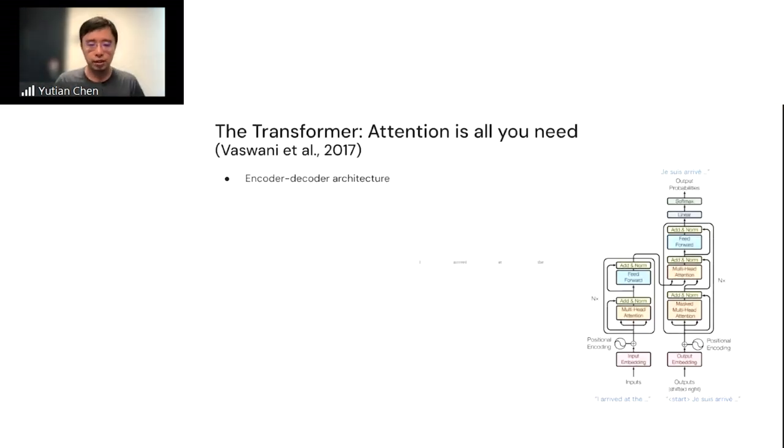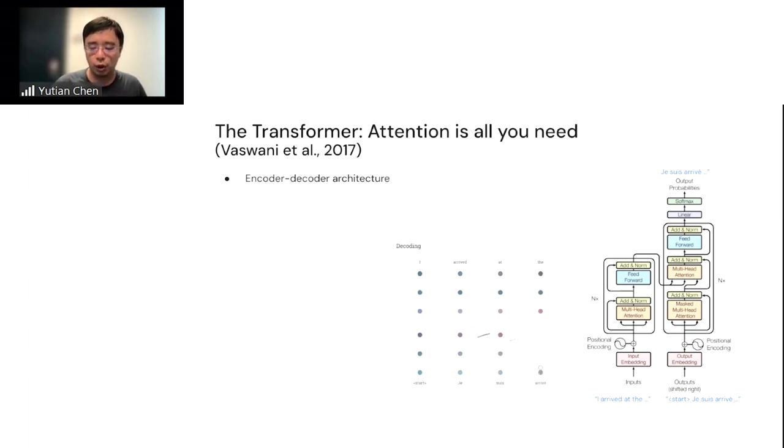All these success stories start with the seminal paper, the transformer paper. The first architecture of the transformer has encoder and decoder components. Take the example of a translation problem from English to French. Given an English sentence, I arrive at some place, we'd like to train a model to translate it into French. For the transformer model, the encoder takes the input sentence as input.